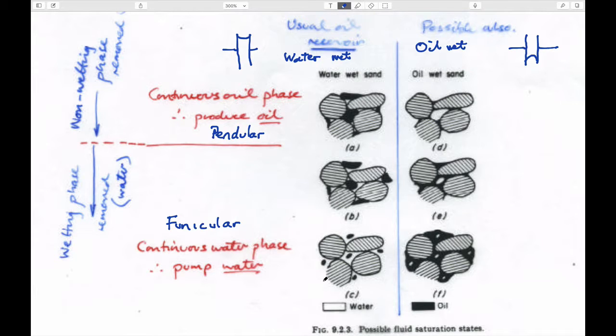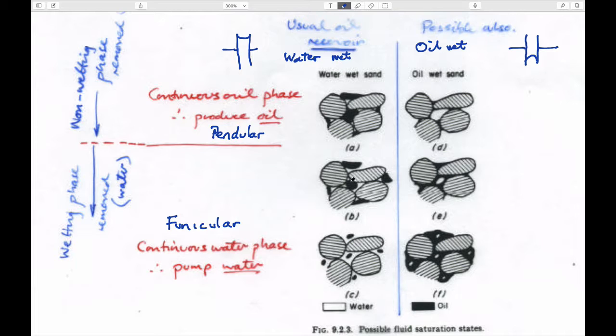A funicular railway is a cog railway where you get carried up the mountain. So as you take the oil out and replace it with water, if you put a straw in here, all of the oil is connected to every single pore. You suck out the oil from one pore, it's able to come from the pore next door, and it gets pulled out of the system.